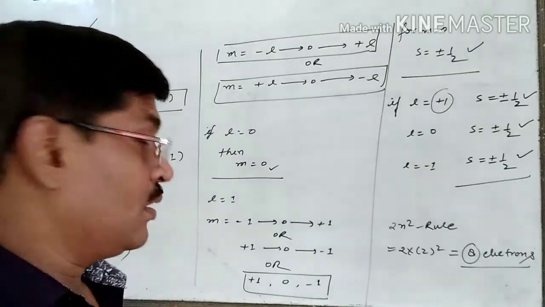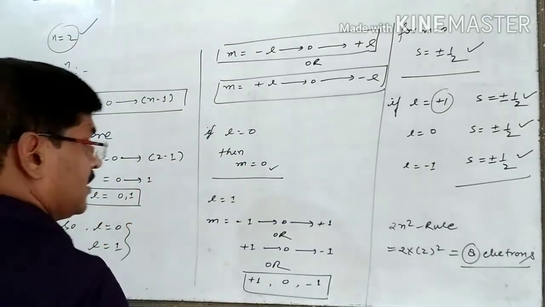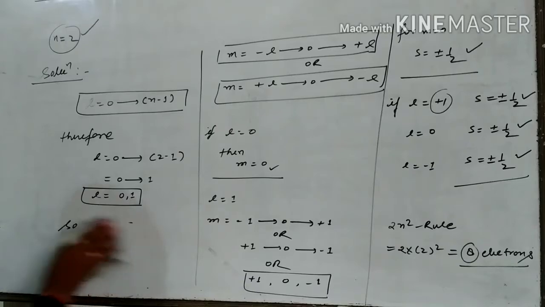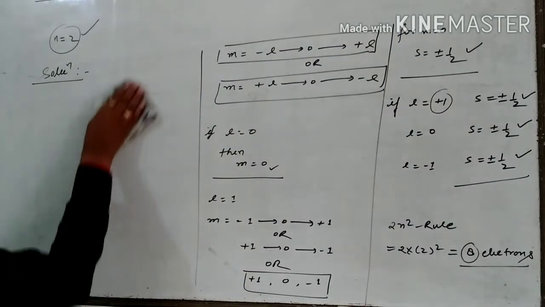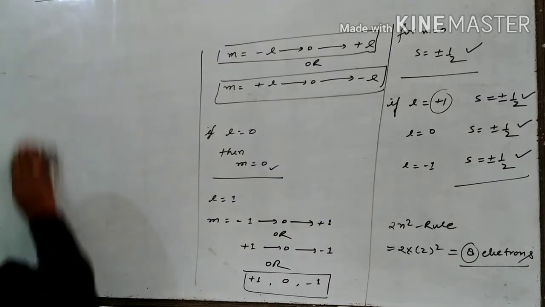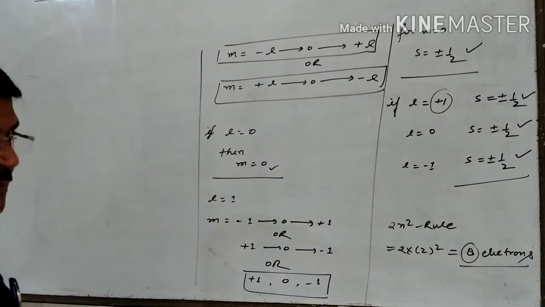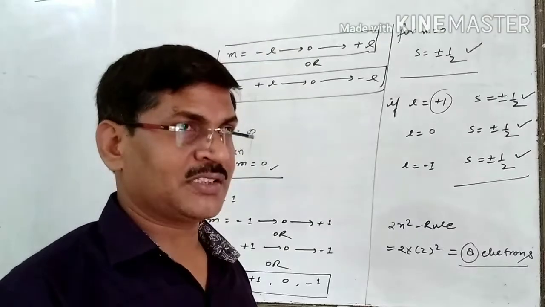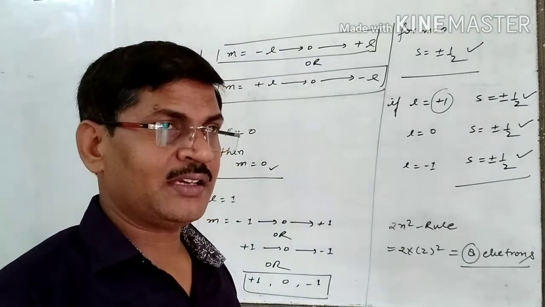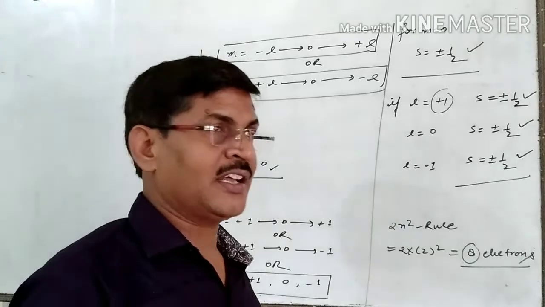Second type of question, which type will come? Say here. Suppose the atomic number of an atom is given and then you are asked to find the azimuthal, magnetic and spin quantum numbers for a particular electron, then how do you have to find?